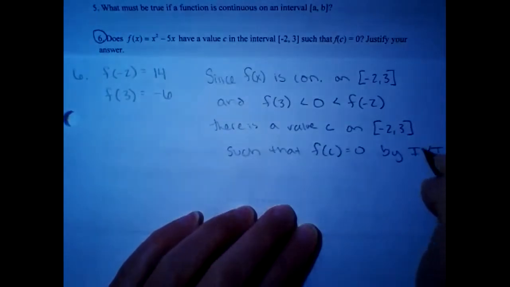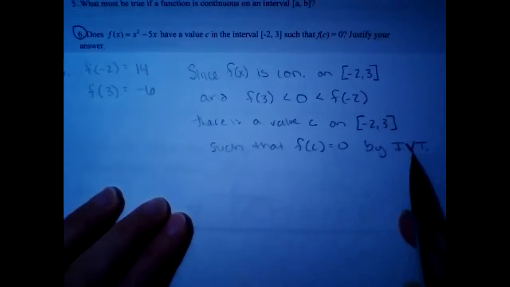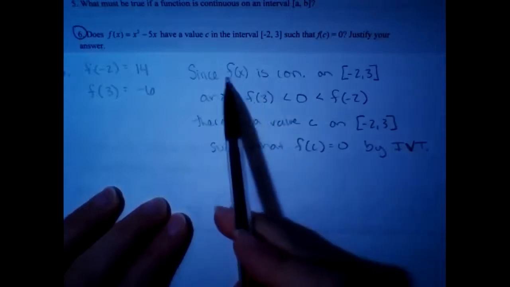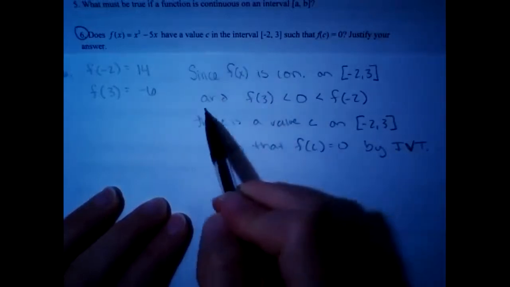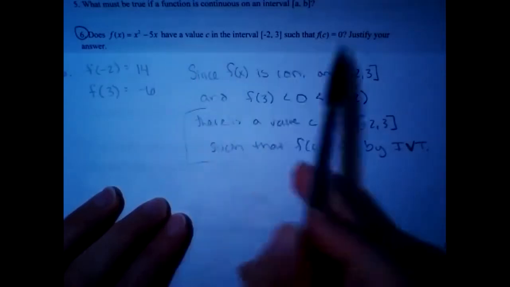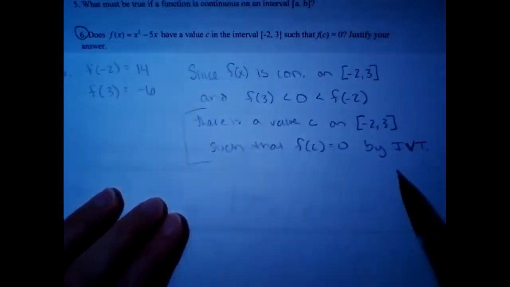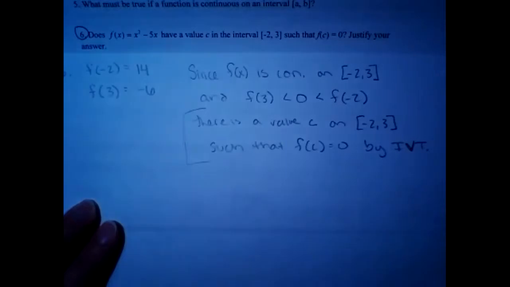And you can abbreviate that, IVT, intermediate value theorem. This is like citing your source, like in a bibliography when you're quoting somebody. This is the theorem that we use. So since all this is true, and then this part, again, just recopy the question basically, and it's by intermediate value theorem. So that one's a little bit of writing, but sometimes life is like that.